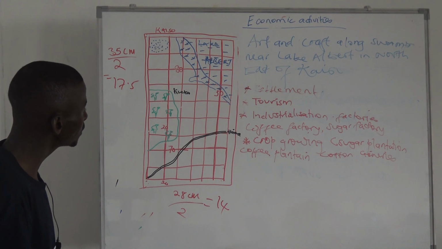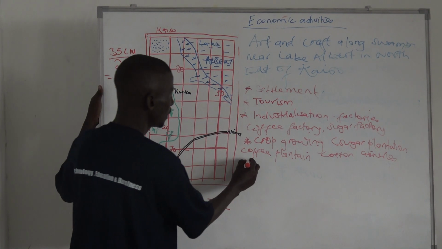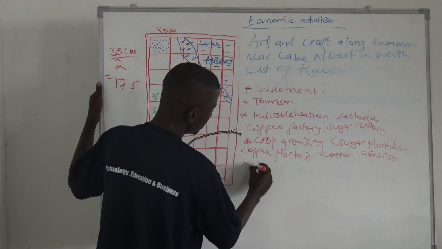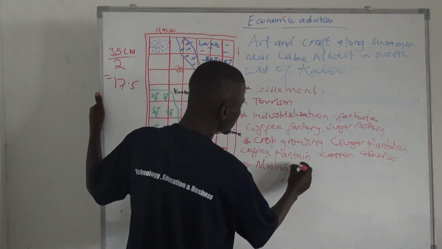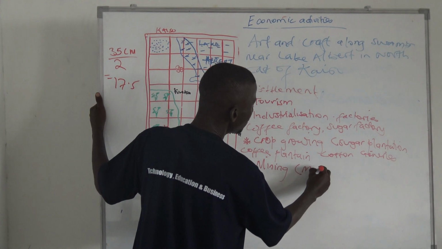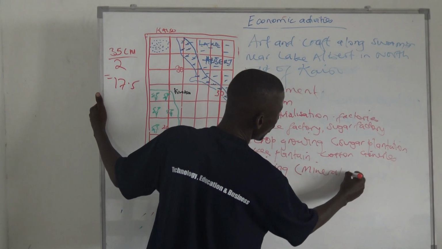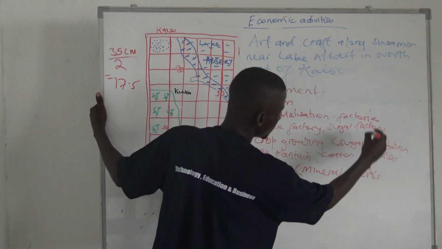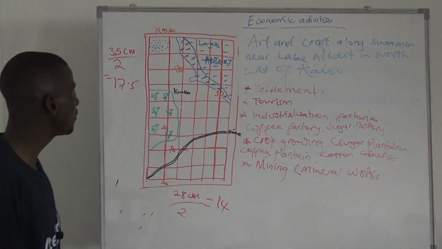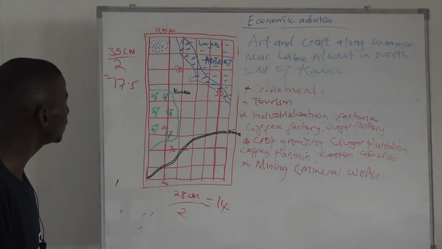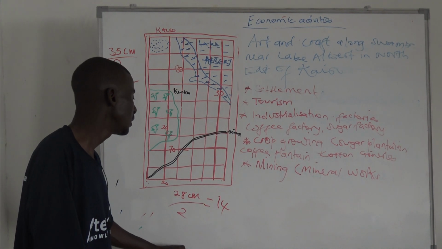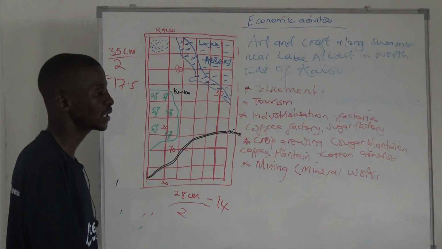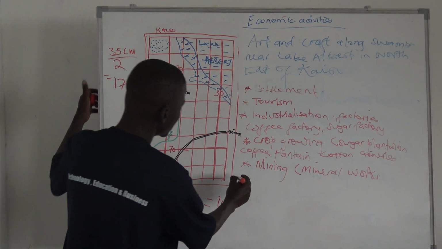Another economic activity we have not talked about is mining. The evidence is mineral works. If you come across mineral works in the map extract, you will tell the examiner that there is also mining taking place.